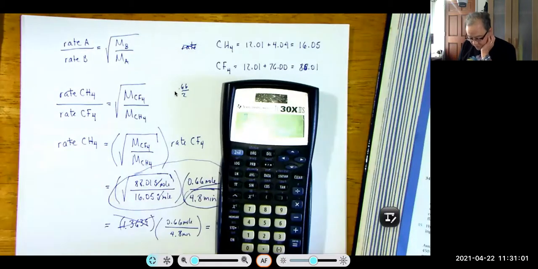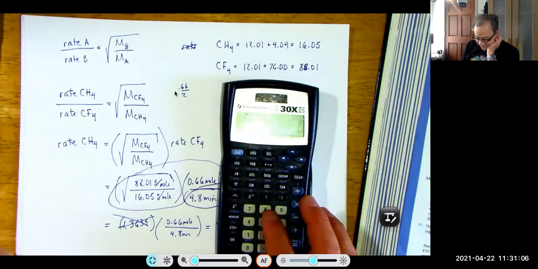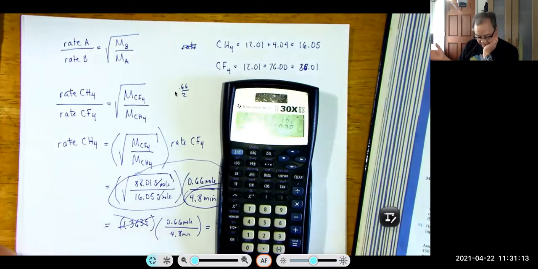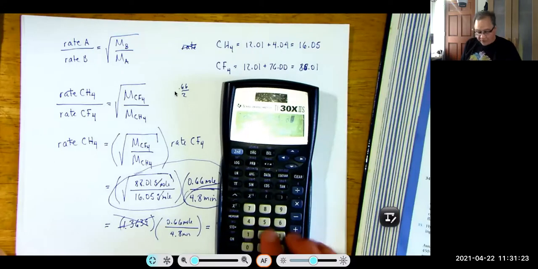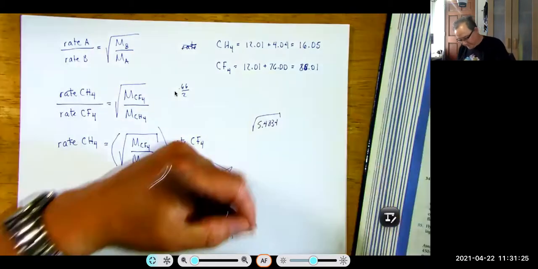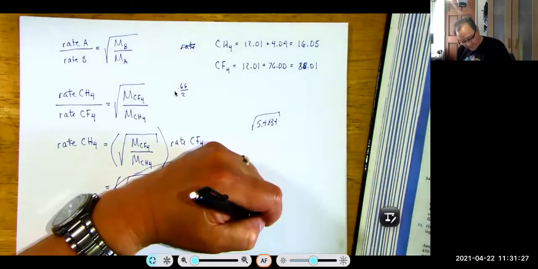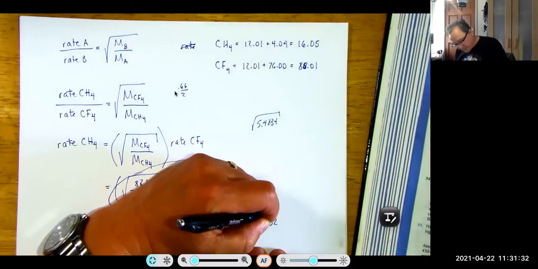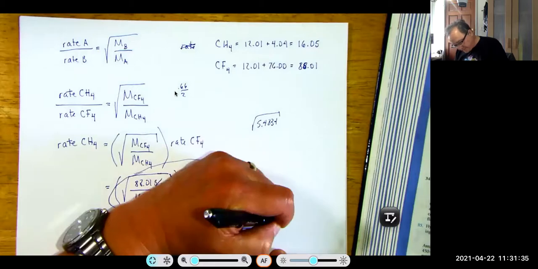So square root, let's try this: 88.01 divided by 16.05, 2.34, which seems about right, times 0.66 and divided by 4.8, 0.32. And here we're looking at 2 sig figs, and that's moles per minute, right?